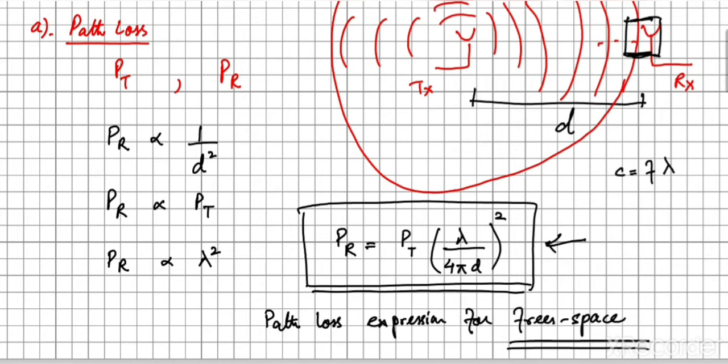In reality, in a real-life wireless propagation environment, there are some additional elements to consider.